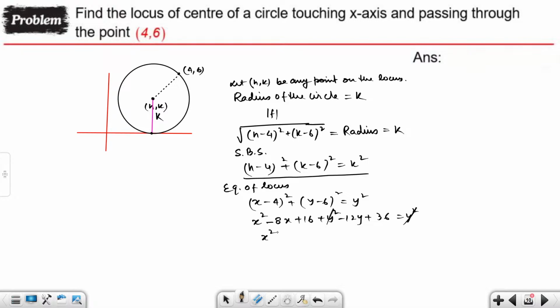So we are left with x square minus 8x minus 12y plus 52 equals 0. That's it. This is the equation of the required locus of the center of the circle. Is it clear to all?